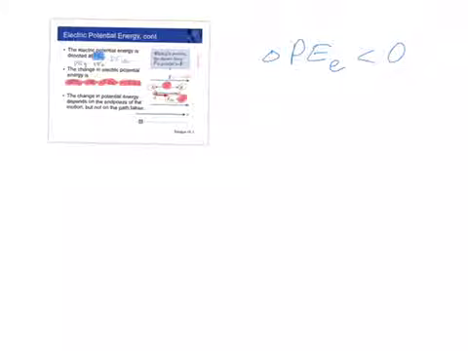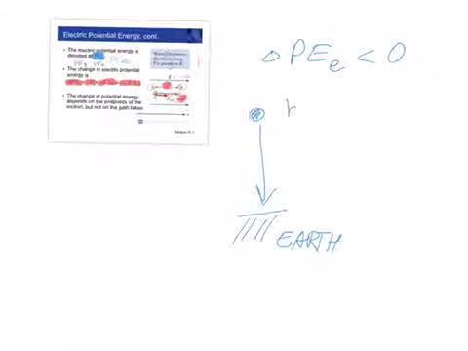Let's compare what would happen if I have a ball dropped down to the earth. So the initial position is right here on top with height h, and in the final position, height is equal to 0.